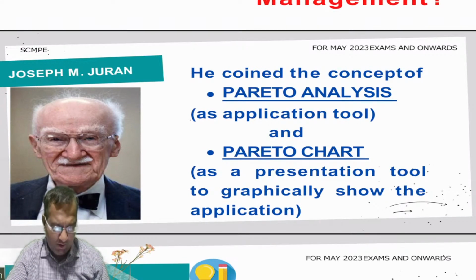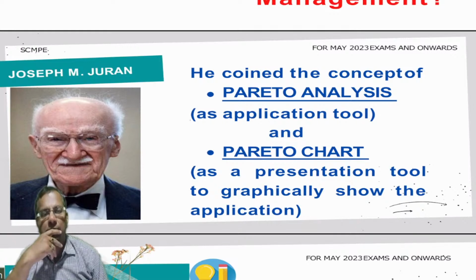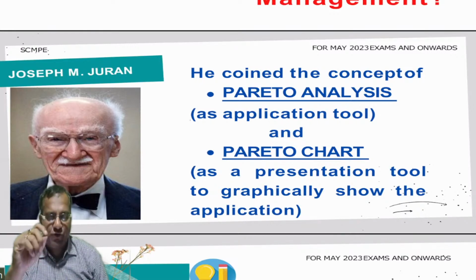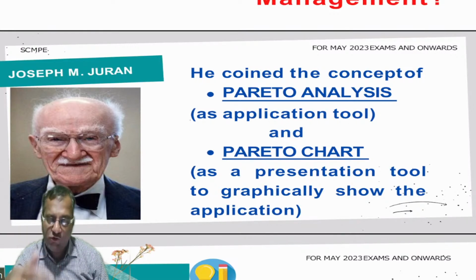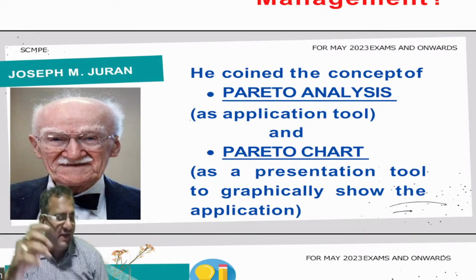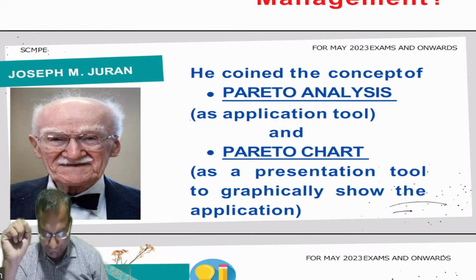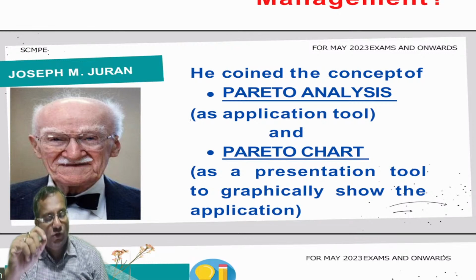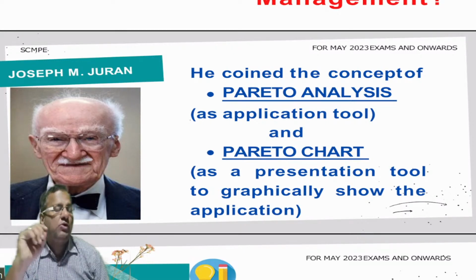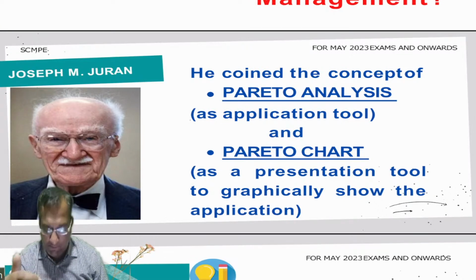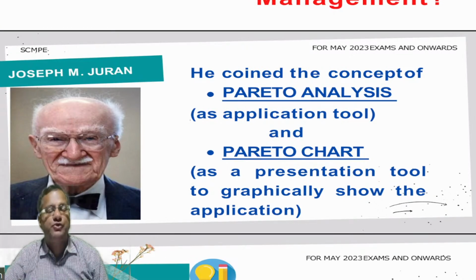Can you please try to recall on which topic this author has also contributed, and that topic is in chapter number 2. And the topic is cost of quality. Cost of quality and total quality management. In dono topic mein, the author Joseph M. Juran has also contributed a lot.